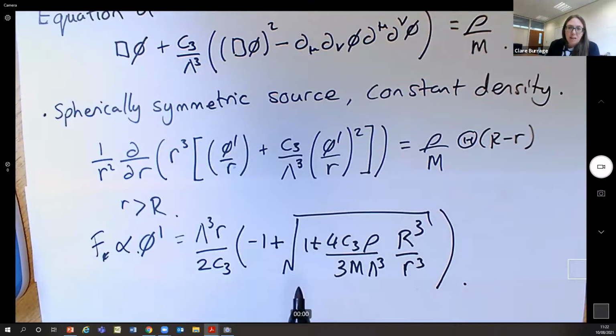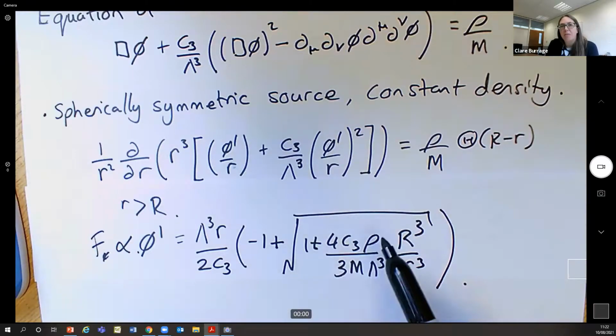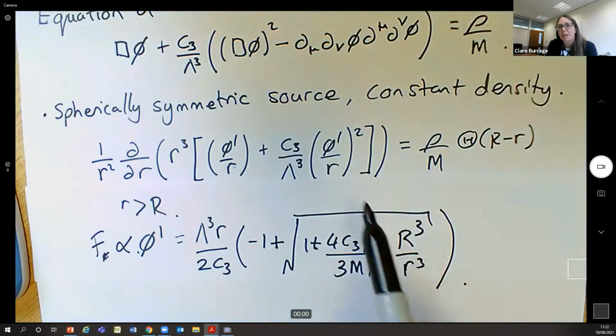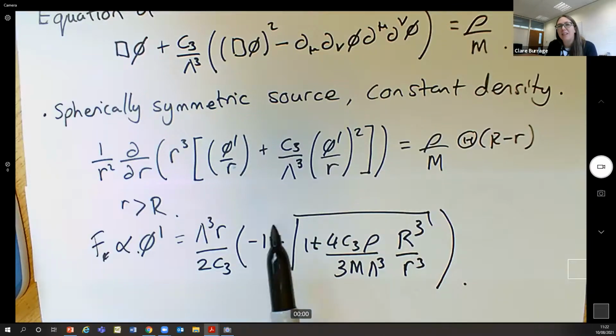Now you can see that there are going to be two regimes of behavior, depending on whether this term here is larger or smaller than 1. If it's smaller than 1, we can expand the square root in powers of this term. Then the -1 here, the leading order piece, will cancel with the +1 that comes from here, and the r here will cancel with one of the factors of r here, and we'll get the 1/r² force law that we're used to.